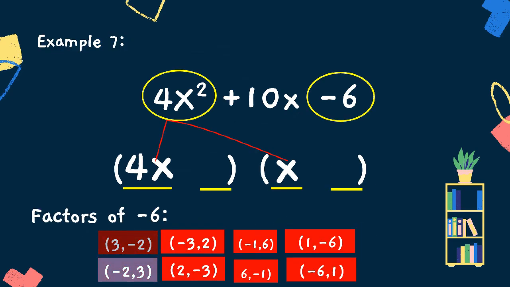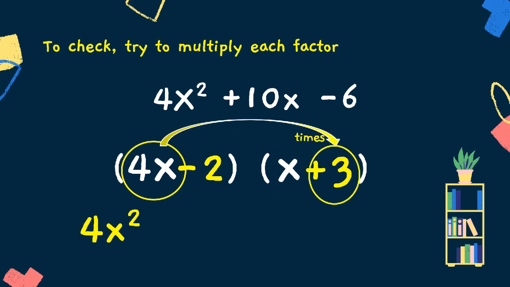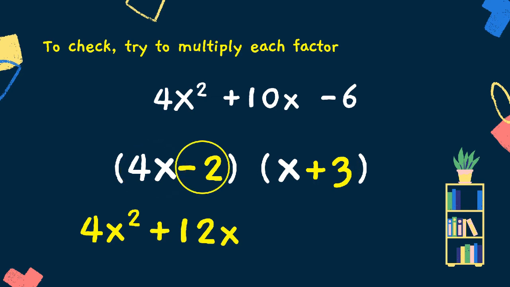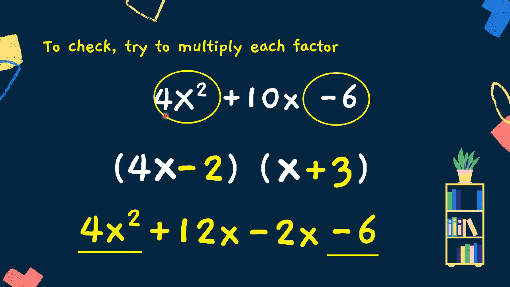Okay, next we will try the second factors, which are negative 2 and positive 3. Let's check if these are the factors that we're looking for. 4x times x is equal to 4x squared. 4x times positive 3 is positive 12x. Next, negative 2 times x is equal to negative 2x. Negative 2 times positive 3 is equal to negative 6. Observe that the first and third terms match with the given polynomial.